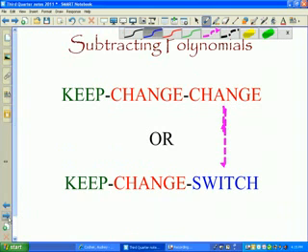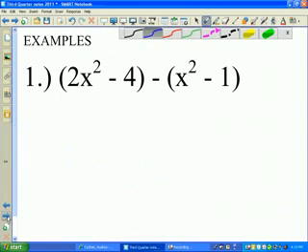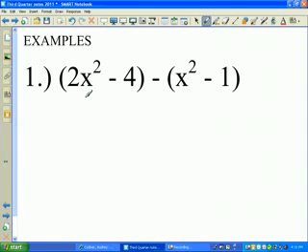So I like to do this through examples, and we're going to do a total of 5 of them. So for number 1, we have 2x squared minus 4 minus x squared minus 1. So going with the phrase keep, change. This first parenthesis, I'm actually going to keep it.